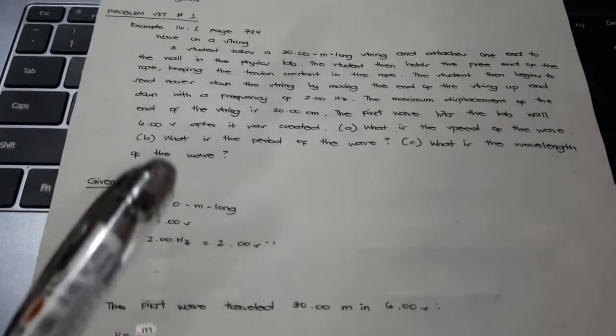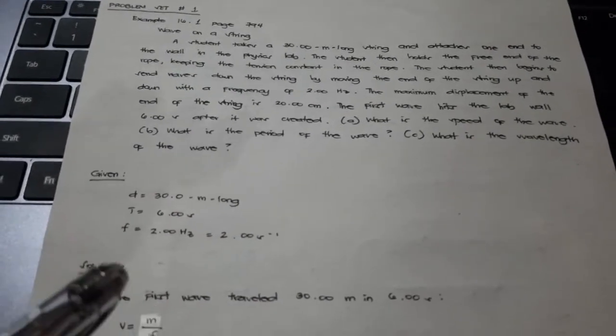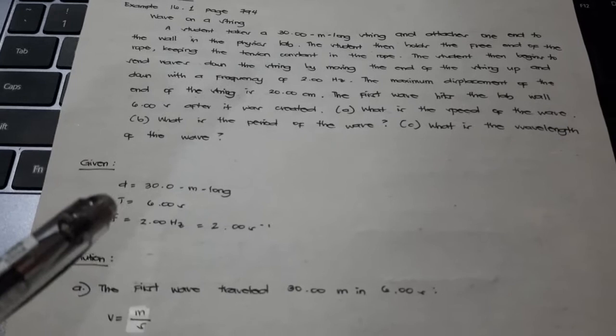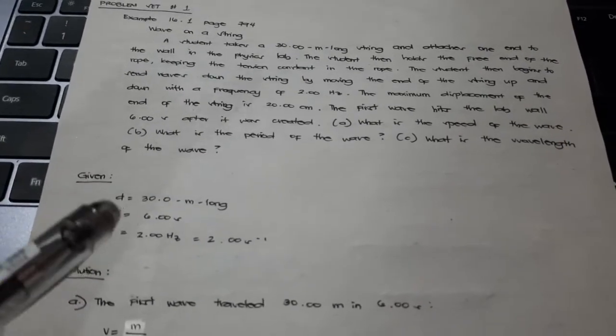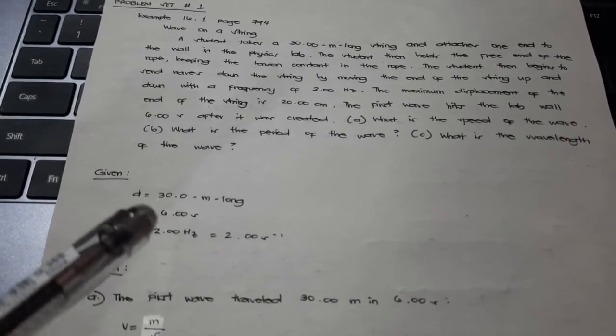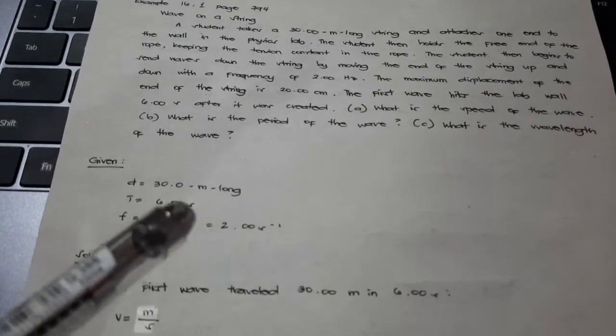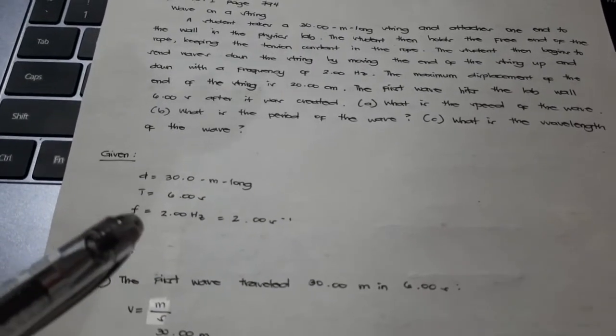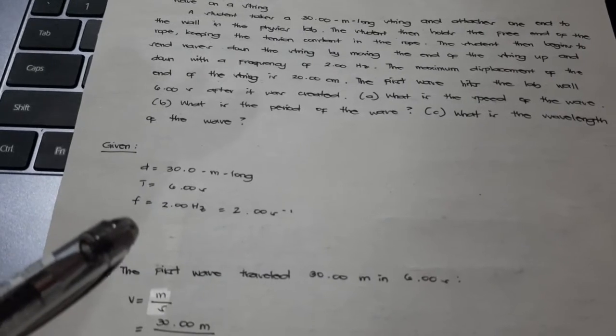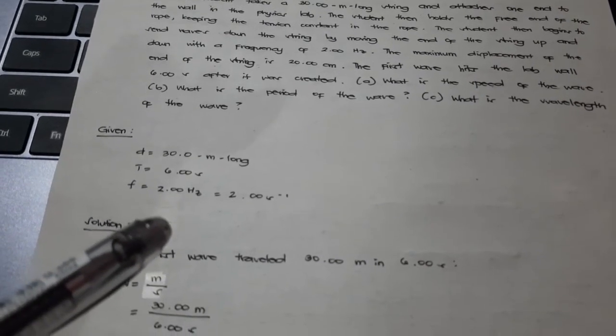As you can see from this problem set, these are the givens. The distance traveled by the wave equals 30 meters. The time is 6 seconds, and the frequency is equal to 2 Hz.